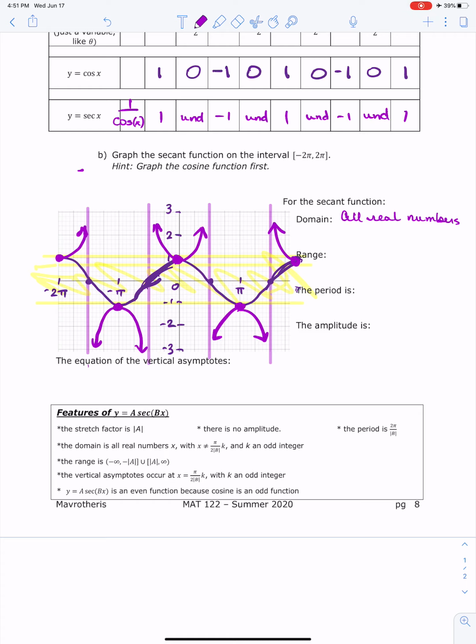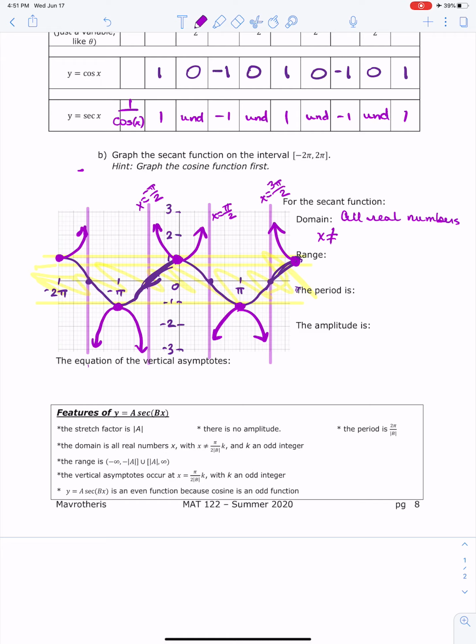So let's take a look at where we've got those asymptotes. So I've got an asymptote here at x equals pi over 2, x equals 3 pi over 2, negative pi over 2. So we have asymptotes at the pi over 2's, but not all the pi over 2's.